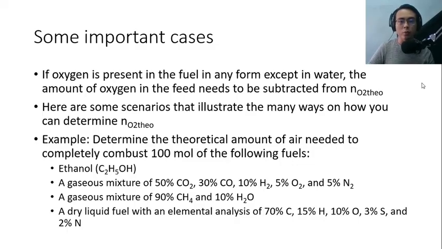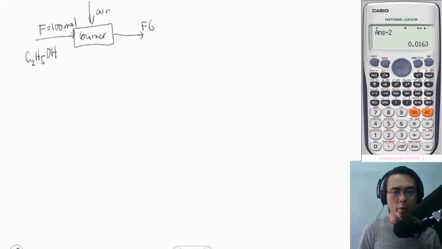So to illustrate my point, I have here an example. Determine the theoretical amount of air needed to completely combust 100 moles of the following fuels. Let's try the first one. We want to determine the theoretical amount of air needed to completely combust 100 moles of ethanol. Okay, we have here the given for the burner utilizing ethanol as the fuel.